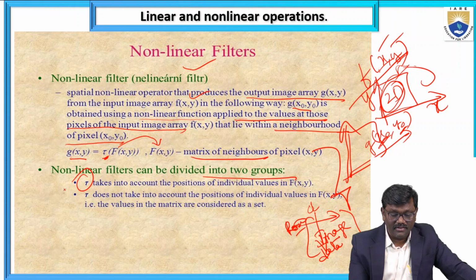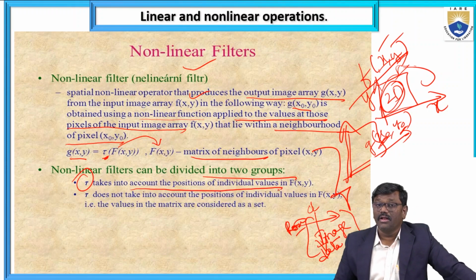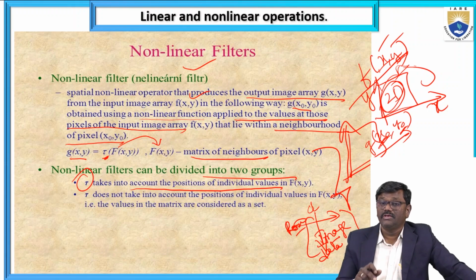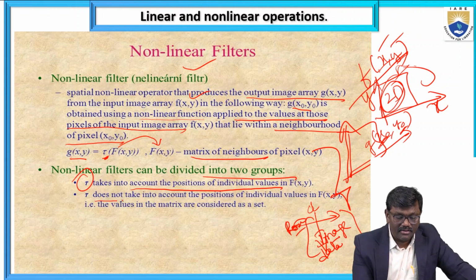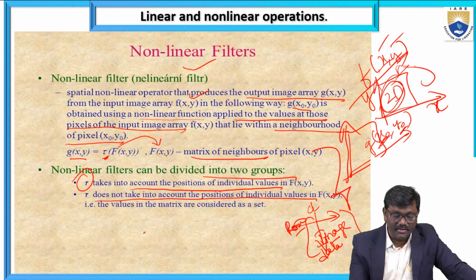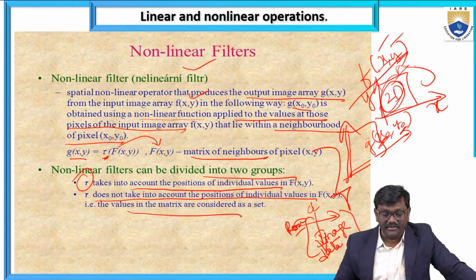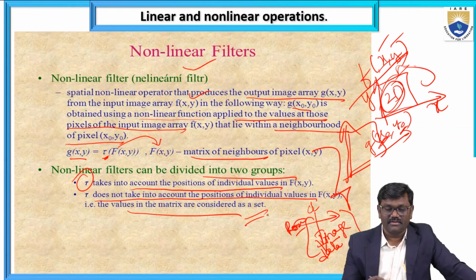What do you mean by tau? It does not take into account the position of individual values in f of x comma y, which is the function we concentrate on for the non-linear filtering process. That is, the values in the matrix are considered as a set of values.